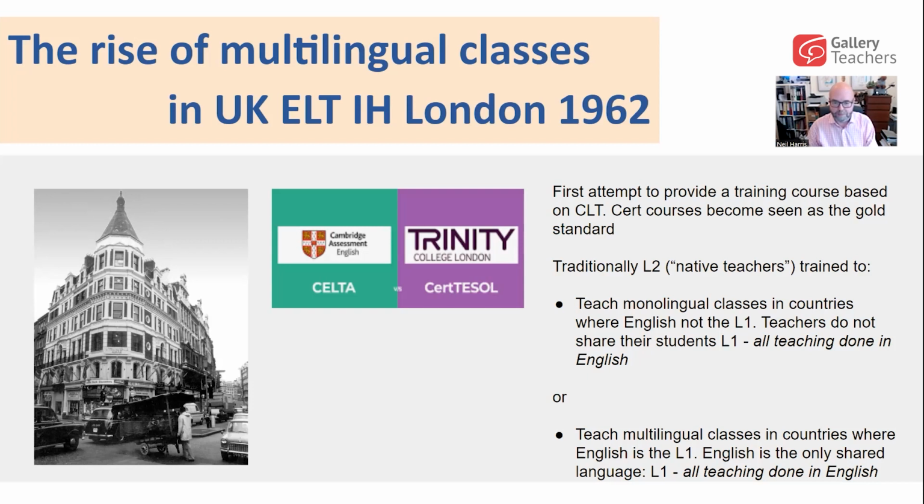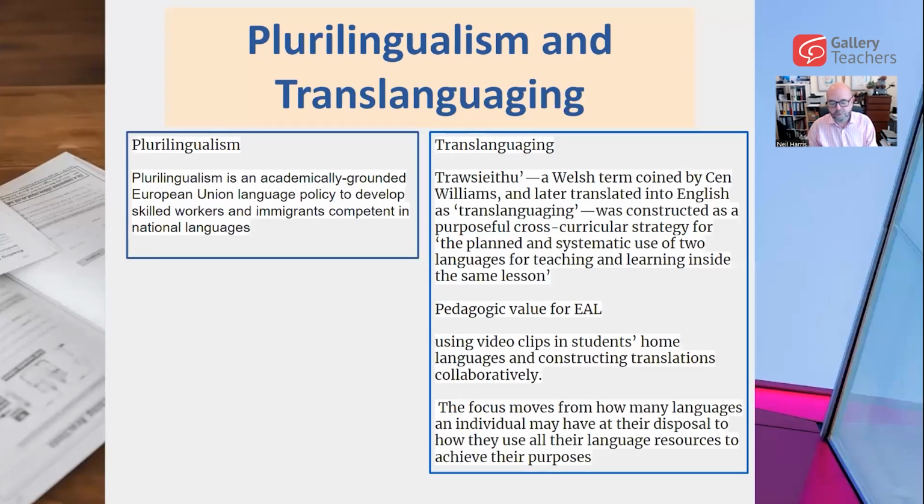As we come bang up to date, there are, I think, two trends, not just in English language teaching, but in language education generally. And you may have come across the terms plurilingualism, but also translanguaging. They're not quite the same thing. Plurilingualism comes from language policy, and it is about the development of skilled workers and immigrants competent in a range of national languages, their own, plus the language of where they are working and living.